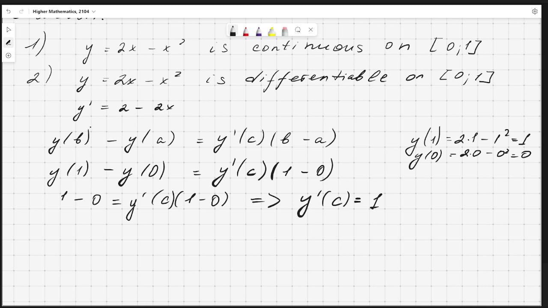Y prime of c equals 2 minus 2c. 2 minus 2c equals 1. 2c equals 2 minus 1. c equals 1 over 2. And our point 1 over 2 lies between 0 and 1.